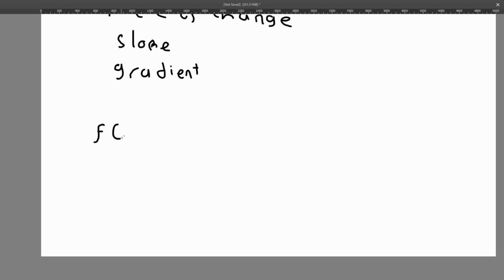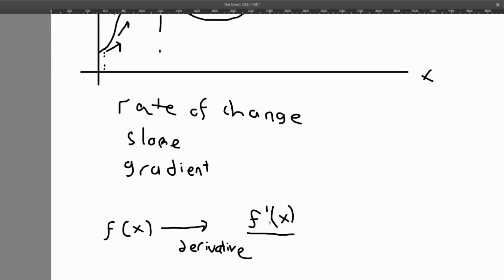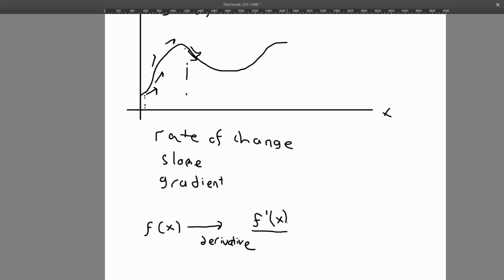So for a function f of x, we call its derivative another function, denoted by f prime of x. Now there are other methods of denoting the derivative of a function. We will cover them later. But essentially, this function is the rate of change of f of x at the point x.